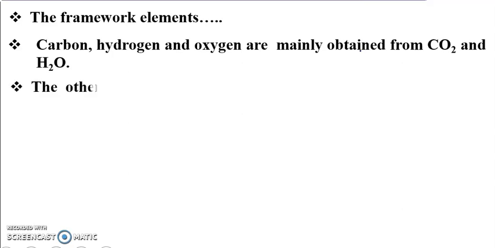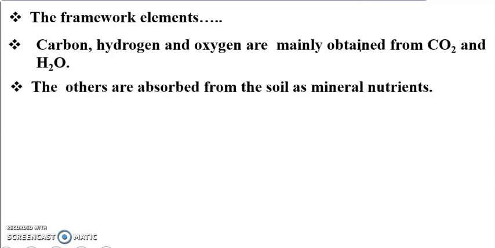So basically the other 7, how many are there? What are the other 7? Nitrogen, phosphorus, sulfur, potassium, calcium, magnesium. These other 7 are absorbed in the mineral form. So those 9 are the essential macro elements.